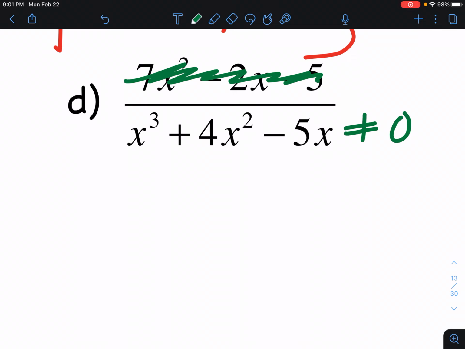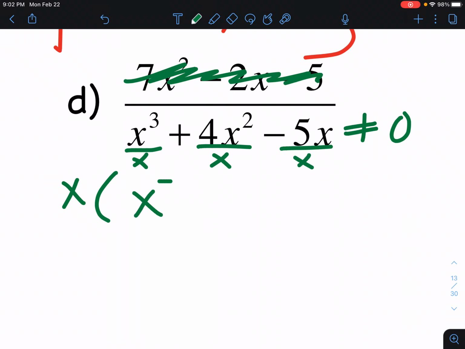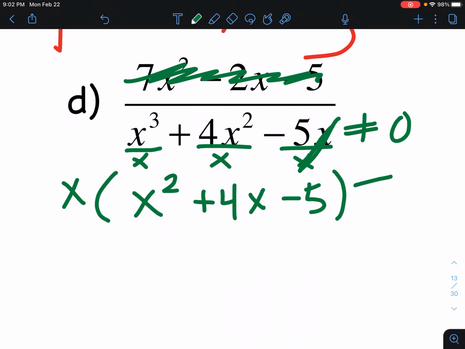So therefore I have a GCF of x. Then I'm going to divide everything by x to see what's left over in the parentheses. Remember, when we're dividing by x, we're really subtracting the exponents. So x to the third divided by x is x squared, plus 4x squared divided by x is 4x, and then minus 5. You should not have an x with the 5.